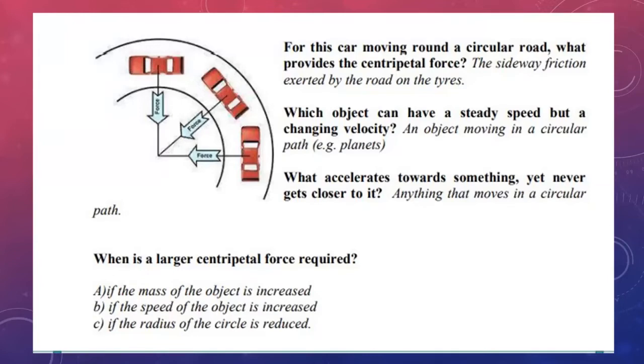So these are the three conditions which need large centripetal force: if the mass of the object is increased, if the speed of the object increases, if the radius of the circle is reduced.